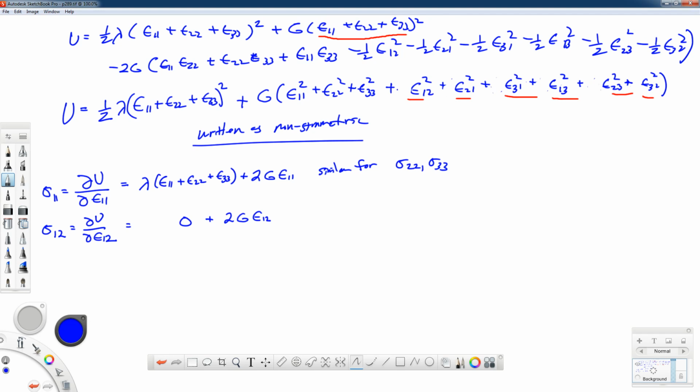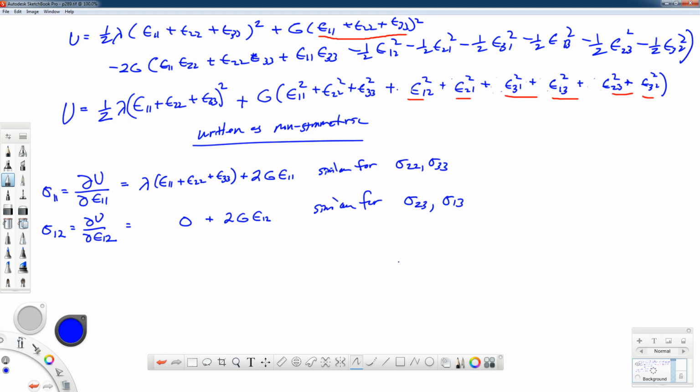Whenever we have a potential function with tensor components in it, a lot of books will compress those terms, and it's pretty hard to figure out exactly how they get their partial derivatives. But if you leave them as non-symmetric, it takes up a little more space in the book, and it's very easy to see where the partial derivative term comes from. We also get similar terms for sigma 2 3 and sigma 1 3.